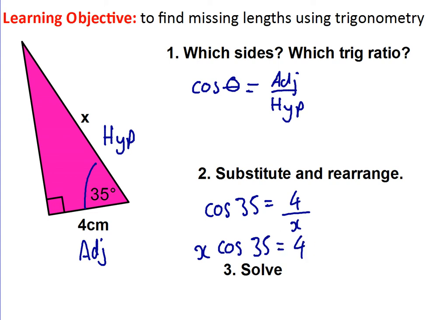Just to be clear, this stands for x multiplied by cos 35, but of course we don't need to write the multiplication sign. And now if you rearrange that one more time so that we get x by itself, you get x equals 4 divided by cos 35.